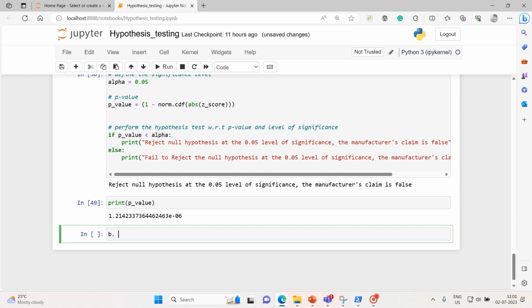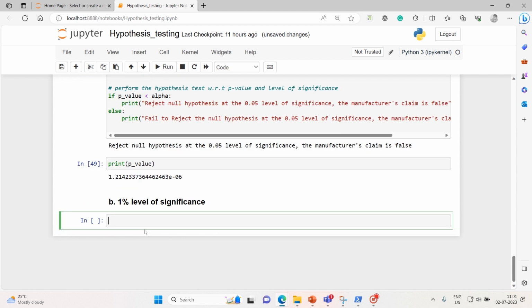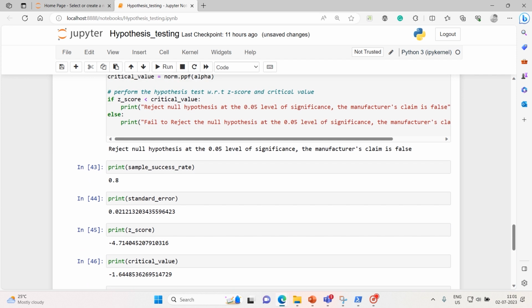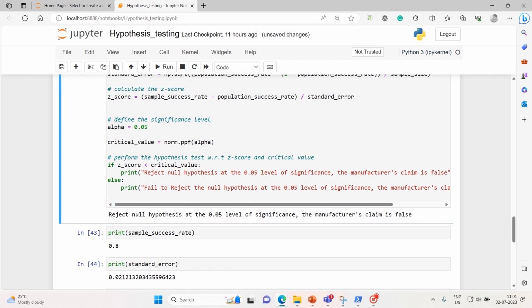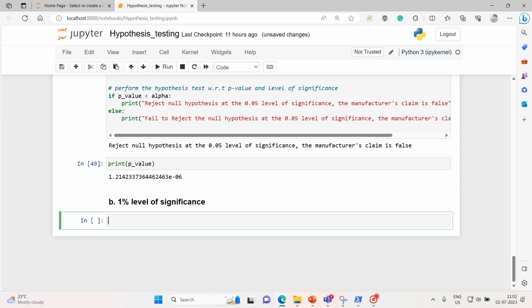level of significance. Let's take 1% as the level of significance. What we have done before was with a 5% level of significance, and this time we are going to do it for 1%. So let me paste it here.